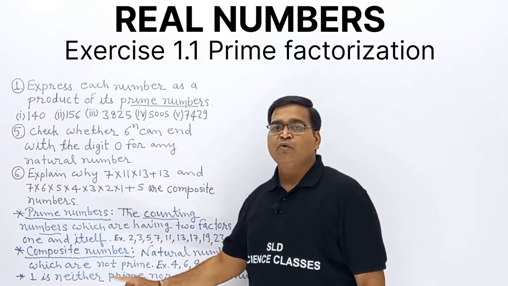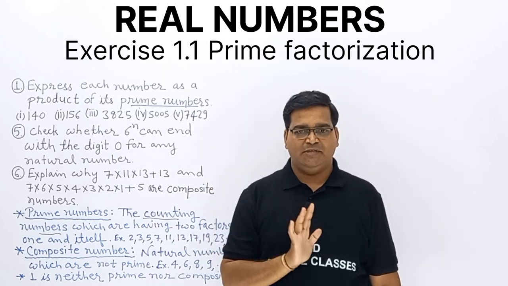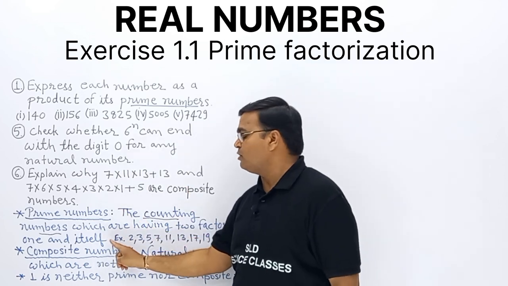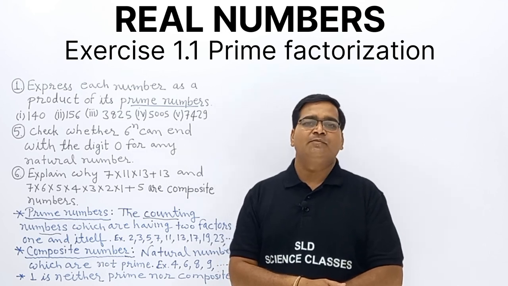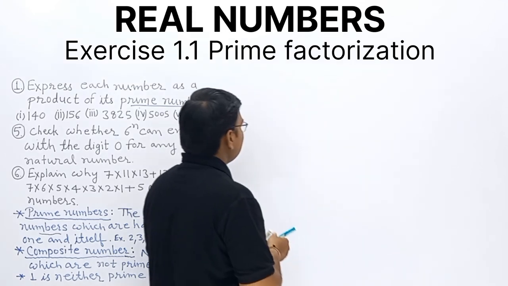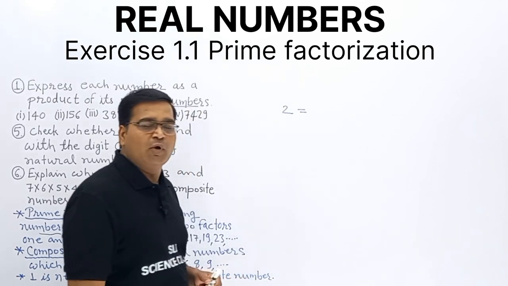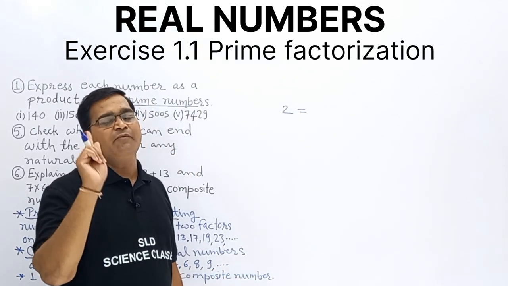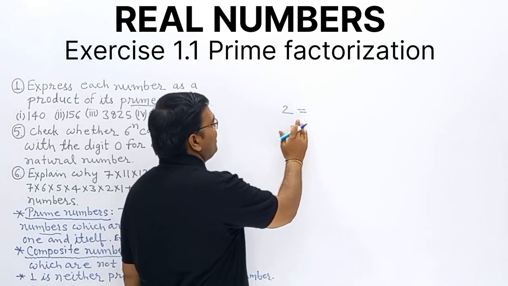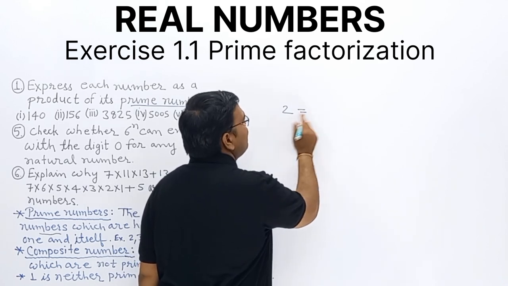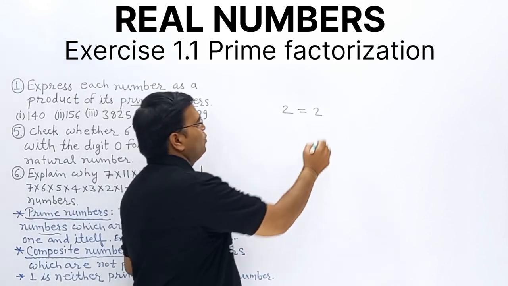Now what about 1? 1 is neither prime nor composite. So the smallest prime number is 2. Now how are they prime? I am just explaining. 2 is the smallest prime number, and the definition of a prime number is having 2 factors, 1 and itself. 2 is divisible by 2 only, and 1.